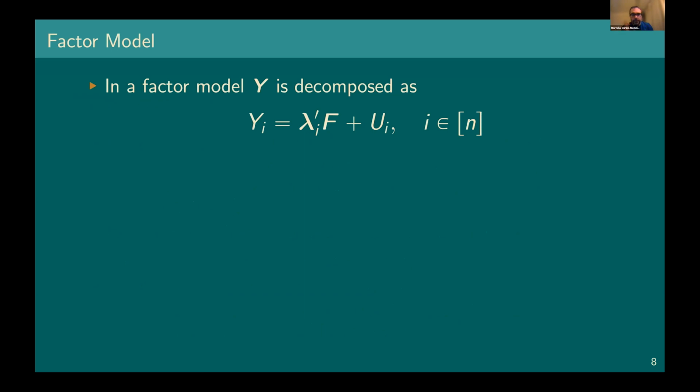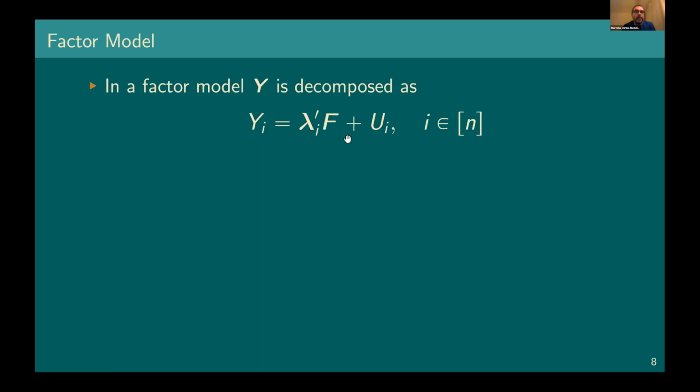So let me also give the flavor of what we are going to do. Okay. So imagine that in a factor model, what we do is decompose each of the variables in my cross-section. It will depend on factors, plus idiosyncratic terms.